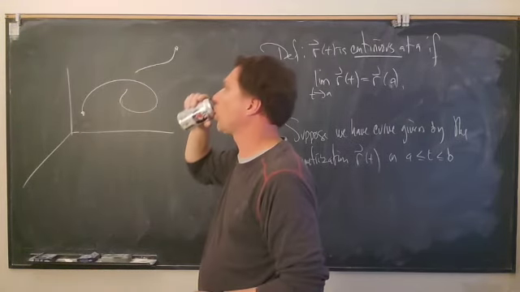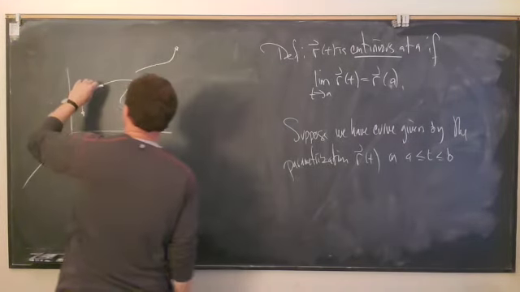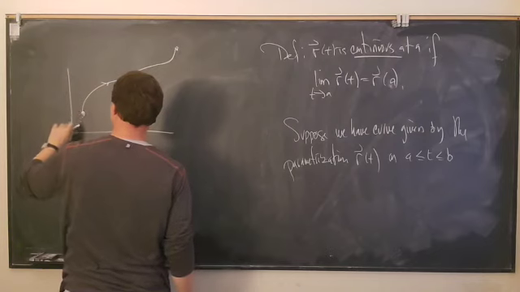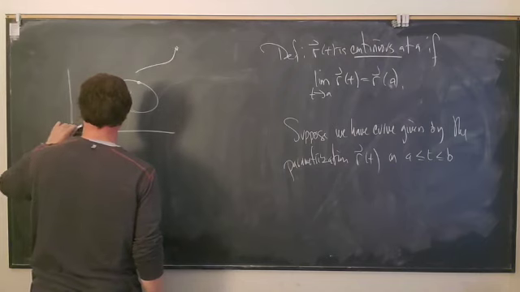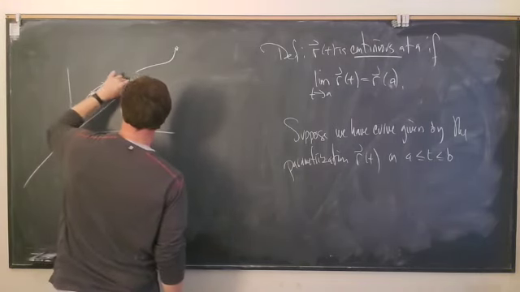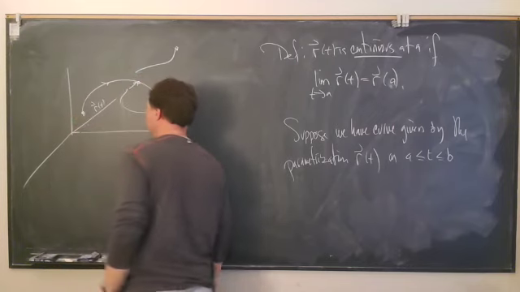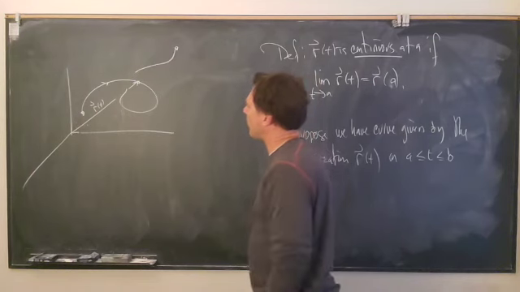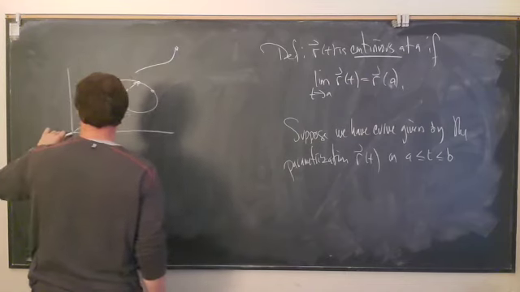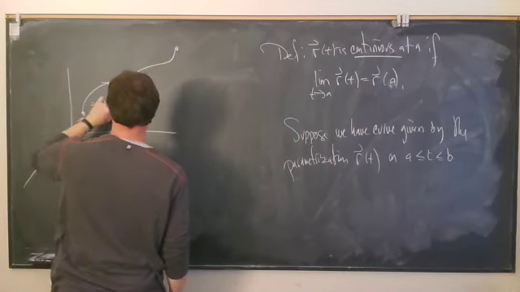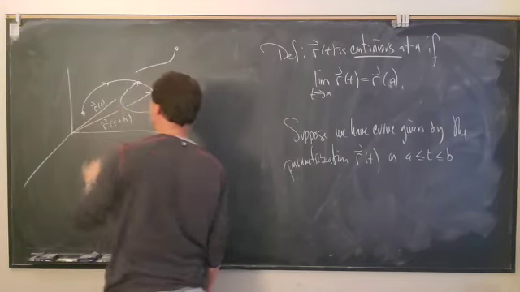Now let's take the position vector corresponding to some point on the curve. That's going to be some r(t). And then I want to think about a point on the curve right here that's obtained by advancing a little bit, let's say by an increment of h, which would mean that this is r(t plus h).